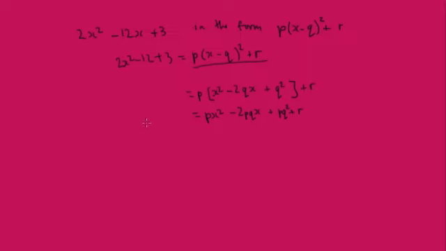Now that is all equal to the 2x squared minus 12x plus 3.